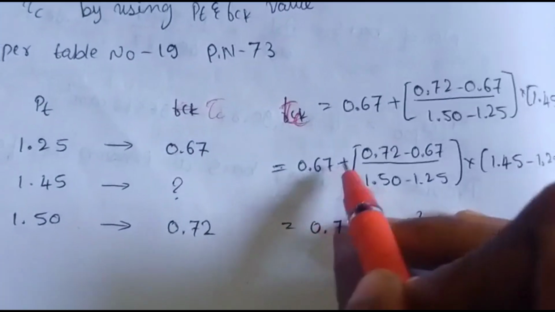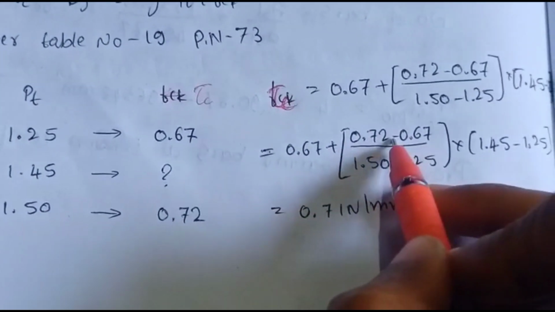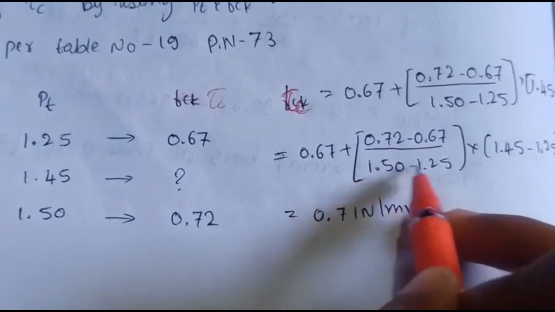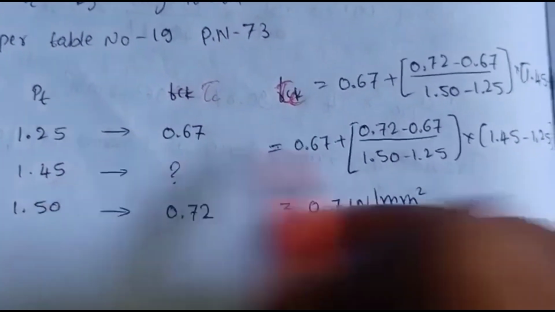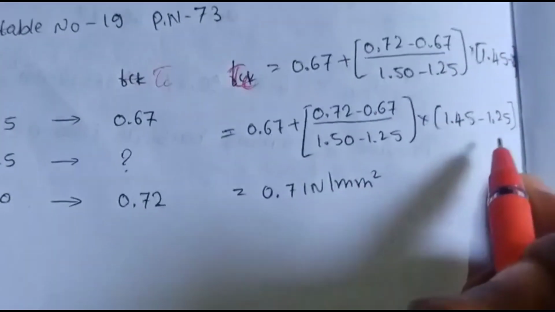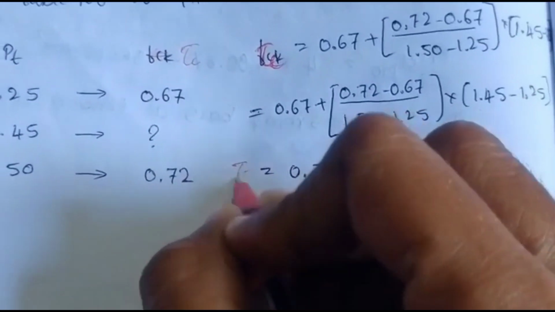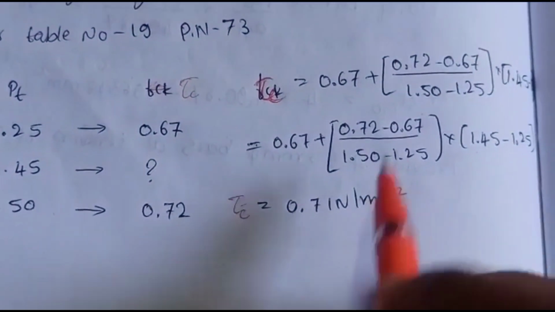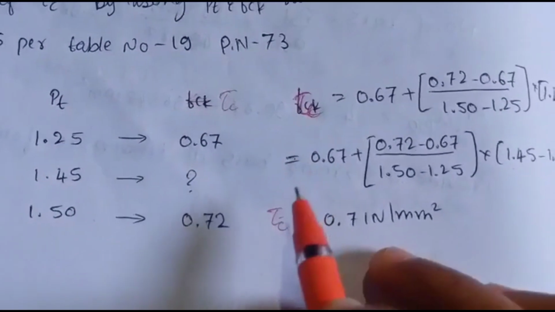So 0.67 plus (0.72 minus 0.67) divided by (1.50 minus 1.25), into the value which you want to find, that is 1.45 minus the least value, that is 1.25. Simplify this, we get our tau c value is equal to 0.71 Newton per mm square after doing interpolation. So this is how we calculate the tau c value by doing interpolation.